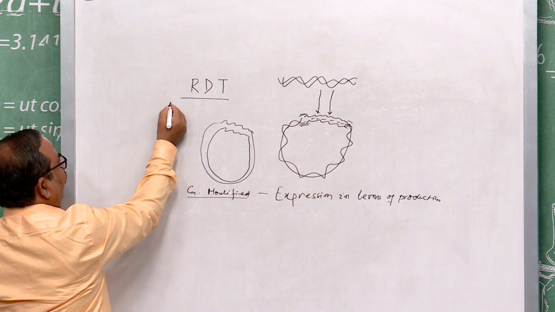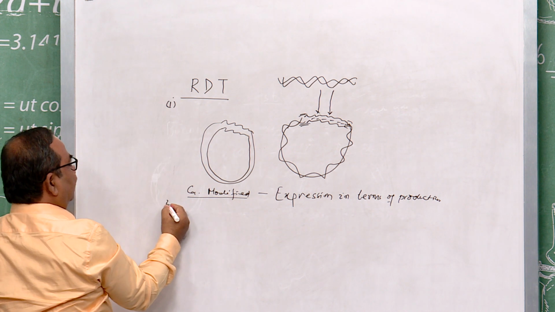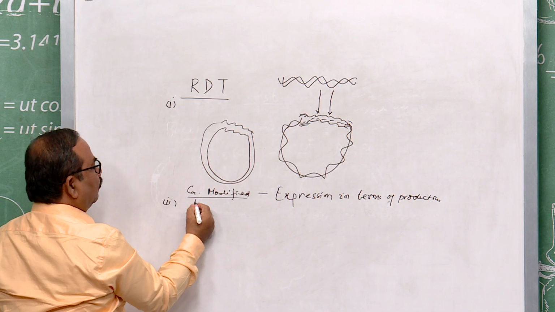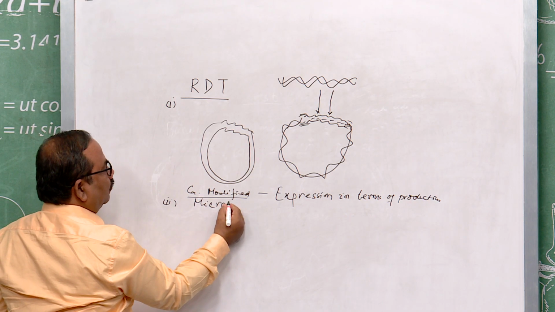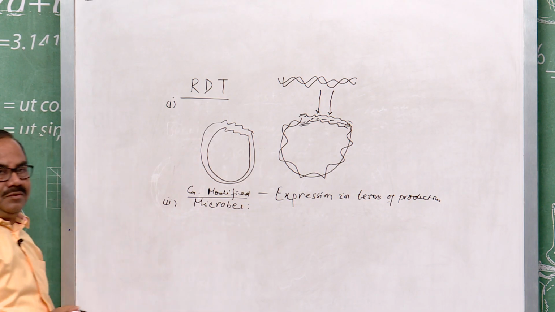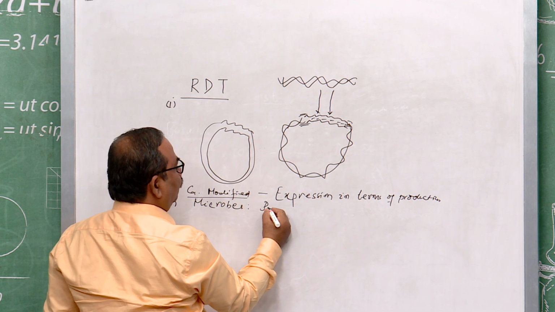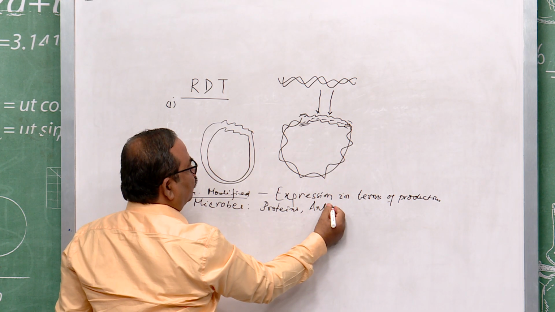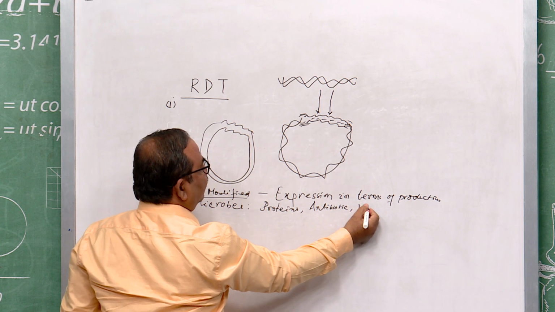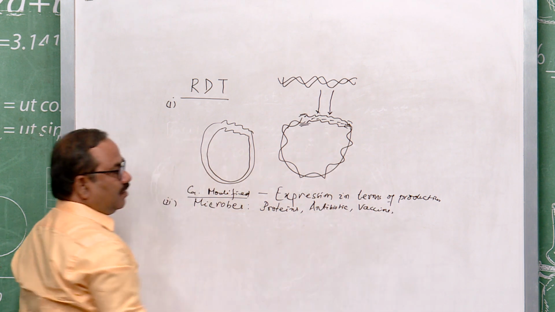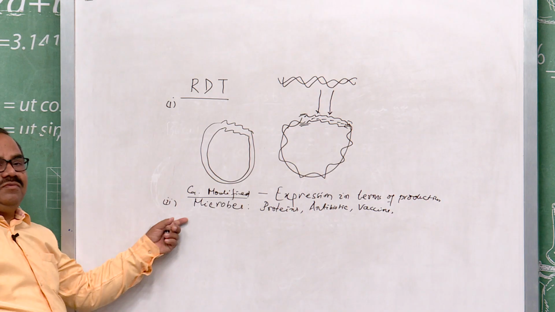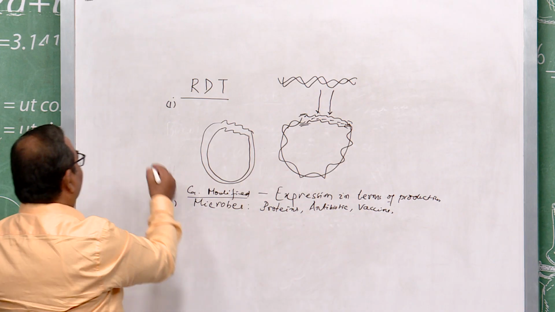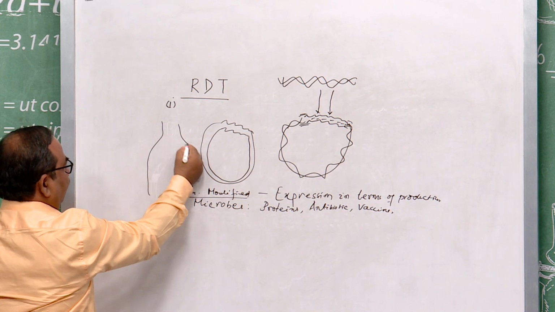This is number one. The second aspect we discussed is the production of recombinant microbes, which are mostly used for production of proteins, antibiotics, vaccines, hormones, etc. Because we can very easily handle them under controlled conditions in bioreactors.